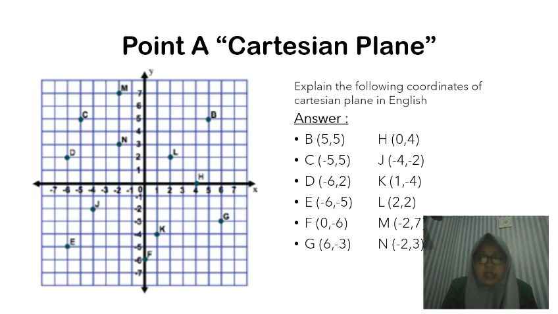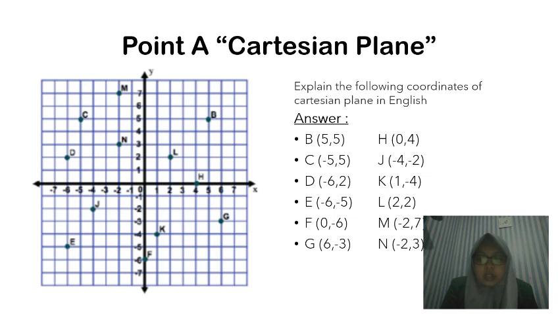The coordinates of point F are 0, the origin, and go down 6. The coordinates of point G are 6 to the right of the origin, and go down 3.